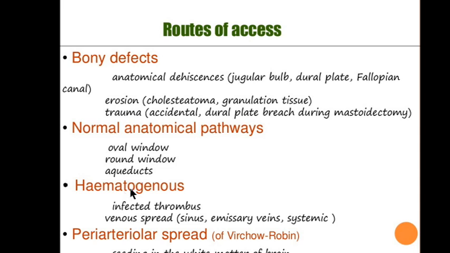Or blood-borne, obviously, any infected thrombus or through the venous spread. So blood-borne is there, and through the small arterioles, periarterial spread of Virchow-Robin. So this is through small arterioles they can spread. So the main routes of access are direct bony defects, normal anatomical pathways, and blood-borne.